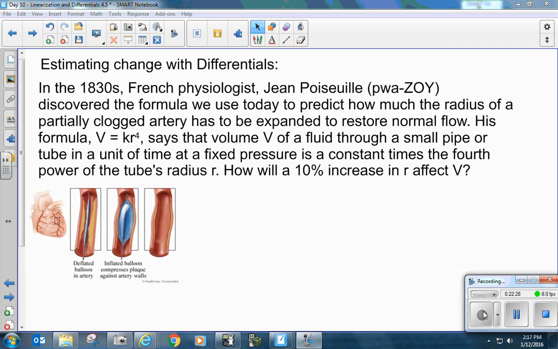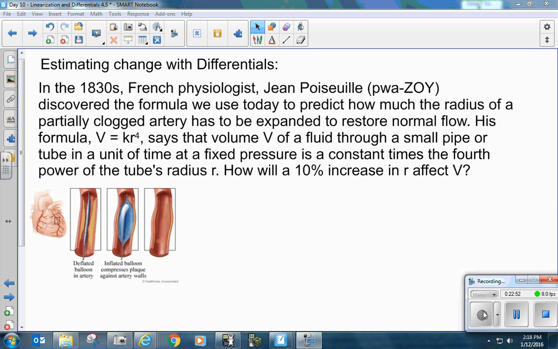So his formula, V equals K times R to the fourth, says that the volume of a fluid through a small pipe or tube, in this case an artery, in a unit of time at a fixed pressure is a constant times the fourth power of the tube's radius. So K is some sort of constant, and R is the tube's radius.